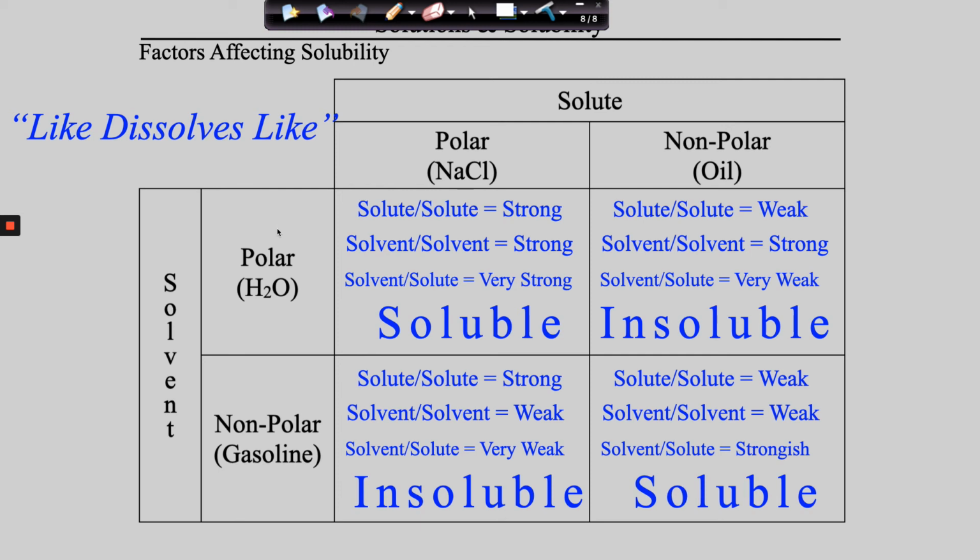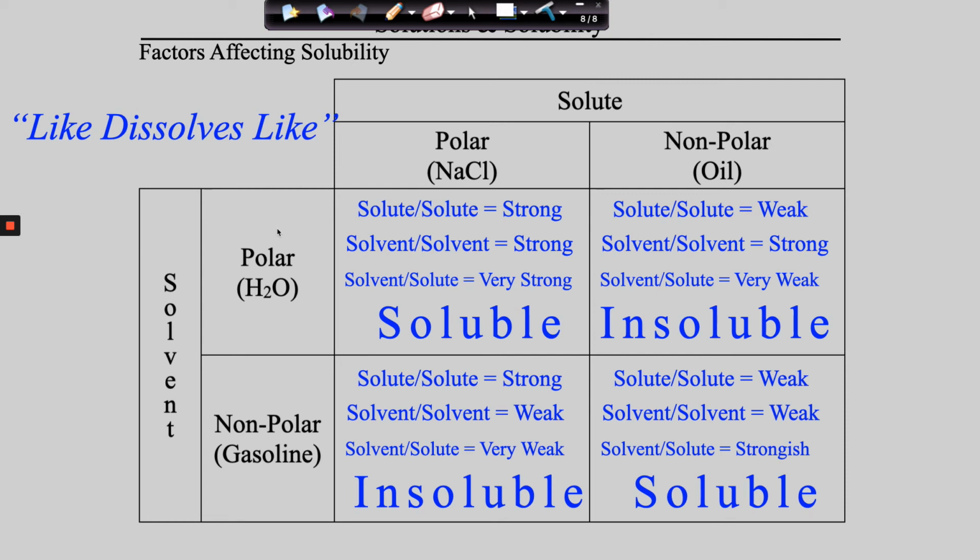Now, is this hydrogen forces? Are there hydrogen forces between the water and the salt? No. Hydrogen forces only form with hydrogens bonded to oxygen, nitrogen, and fluorine. But we would say that the very polar water molecules are strongly attracted to the salt ions, allowing it to dissolve.